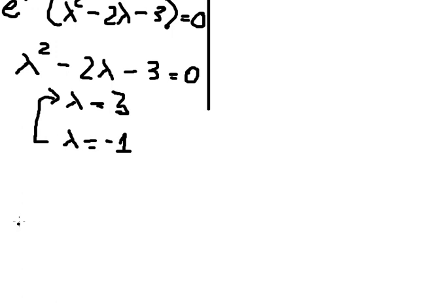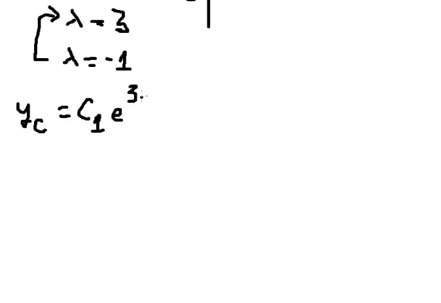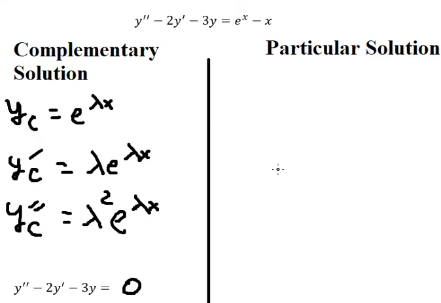So for this one we have yc equals c1 e to the power of 3s. We put 3s in here because we change lambda equals 3. And we have c2 e to the power of negative s. Now let's go to the particular solution.